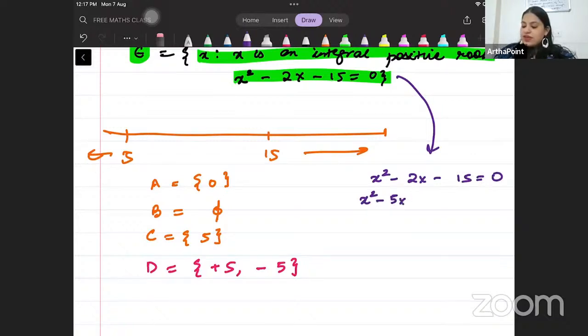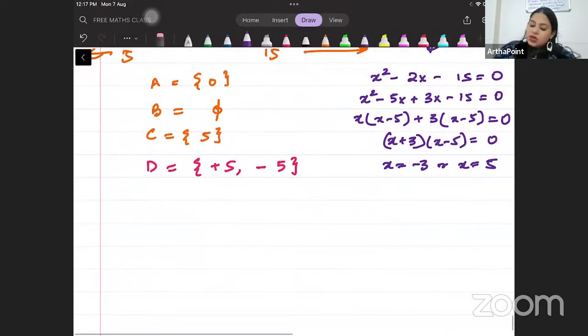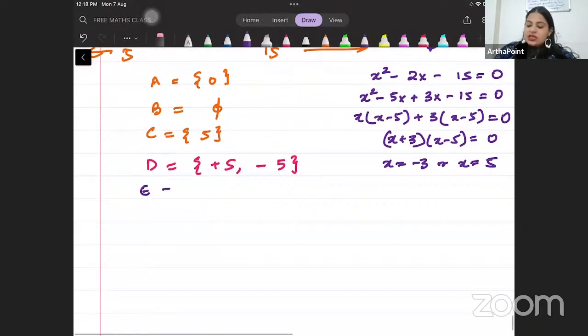So x square minus 5x plus 3x minus 15 is 0. x minus 5 times x plus 3 is 0. Either x is minus 3 or x is 5. So beta, there are 2 elements in this. E contains minus 3 and 5.